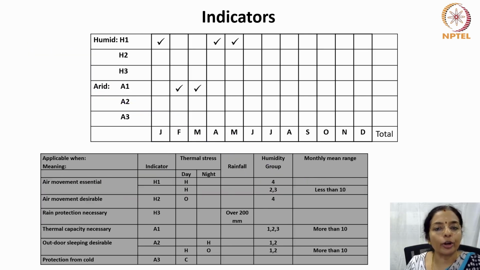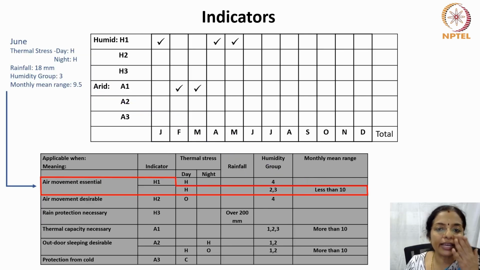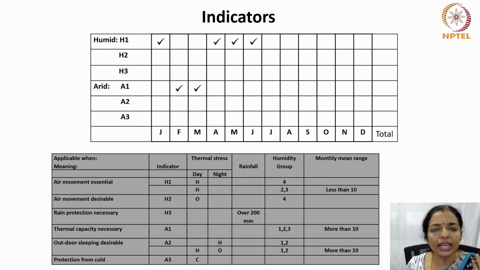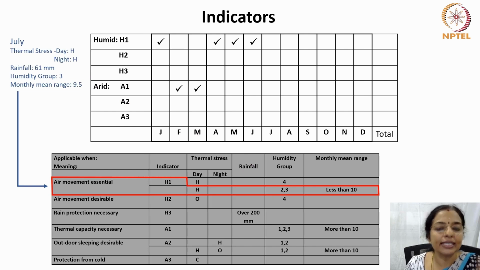For the next month again, we get data which says monthly mean range is less than 10, 9.5 is less than 10. Then you have humidity group of 3, which again fits this bill, and therefore we will say air movement is essential. Then we will look at July similarly, and we will fill air movement is essential.